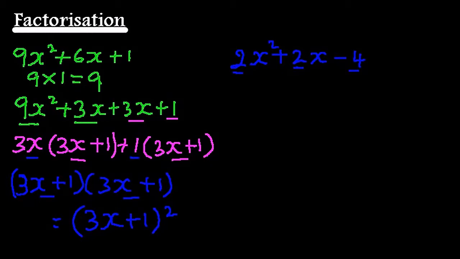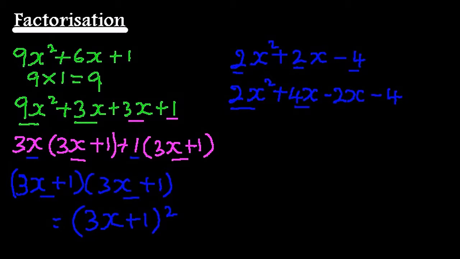So this will be 4 and minus 2. So we have 2x squared plus 4x minus 2x minus 4. So we factor out 2x here.